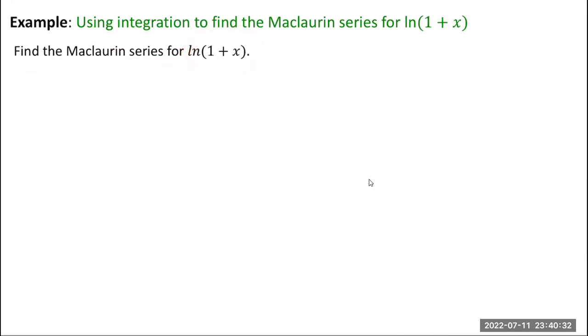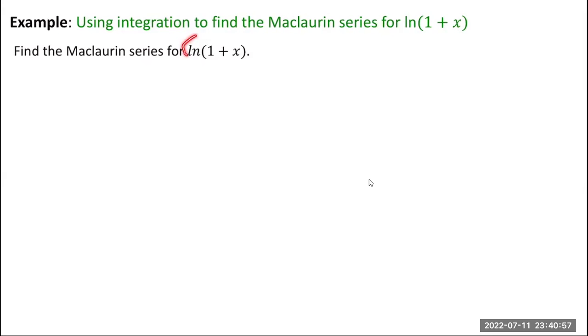How do we find the Maclaurin series? Well, if we are planning to use integration, you need to somehow view this function as an integral of a function whose Maclaurin series is known. In the derivative case, remember, we wanted to view the given function as the derivative of a function whose Maclaurin series is known.